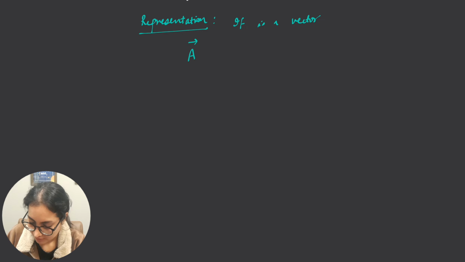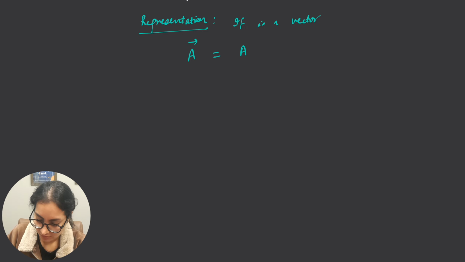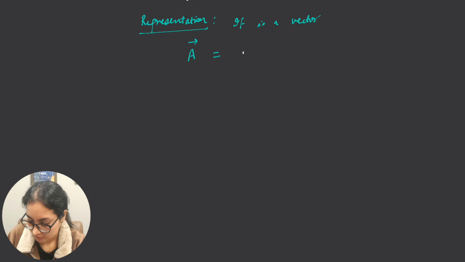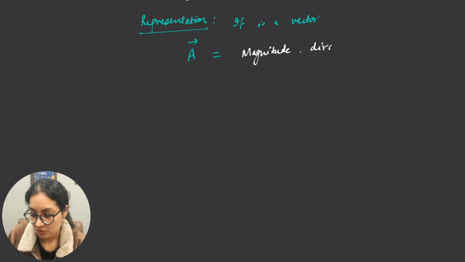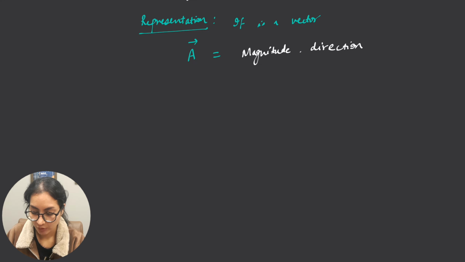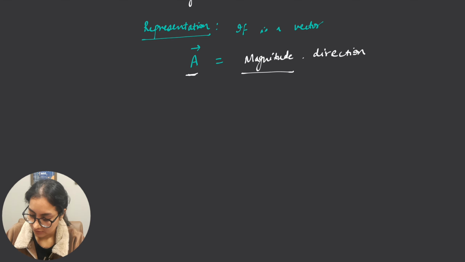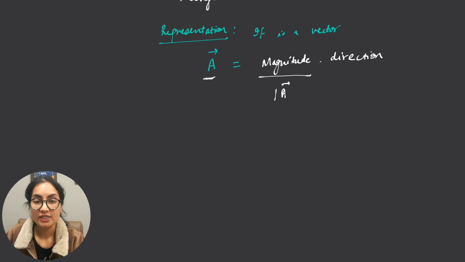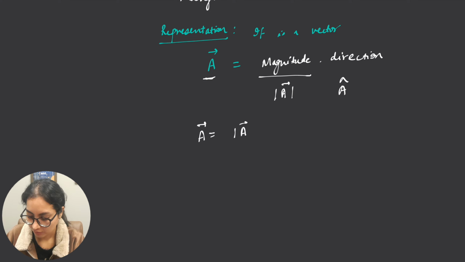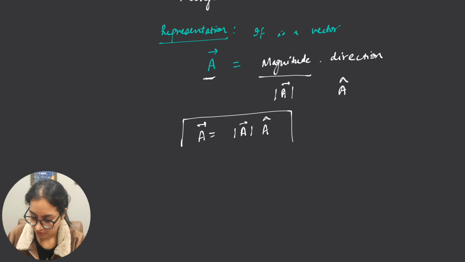So that means it has magnitude and direction to it. So we have learned a vector is denoted by an arrow on top of it. Magnitude is denoted by that vector with the absolute sign, and direction is denoted by a cap, an arrow on top of it. So this is the complete notation of a vector, which has magnitude and direction both.